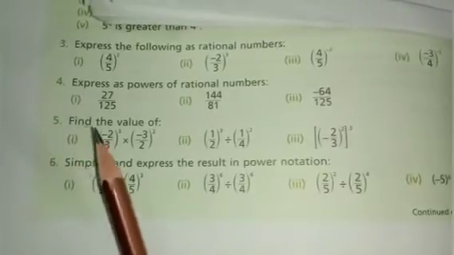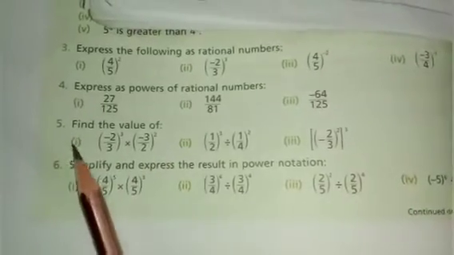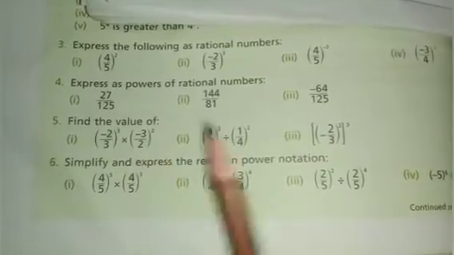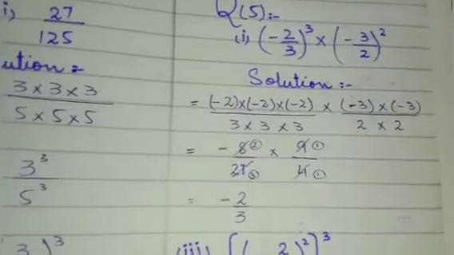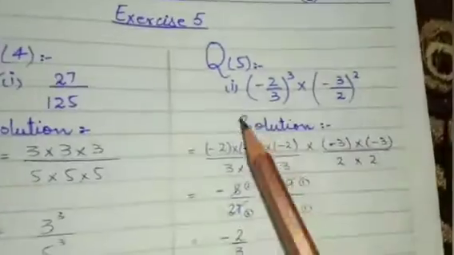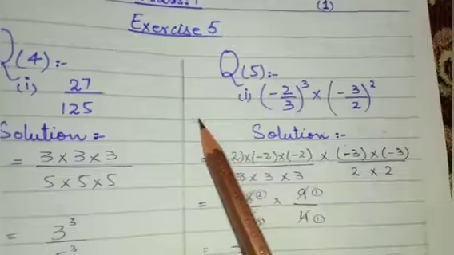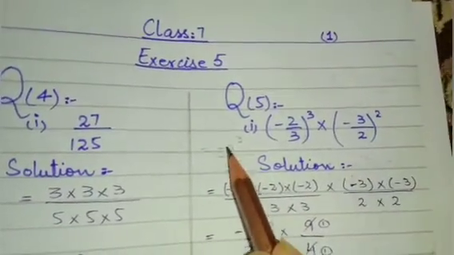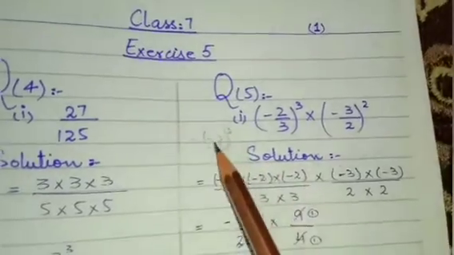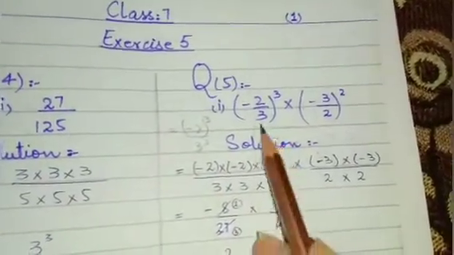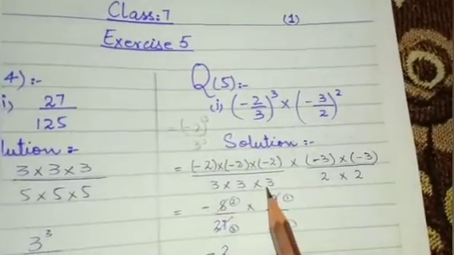Question number 5 is find the value of the different parts. The first part is minus 2 over 3 whole power cube multiplied by minus 3 over 2 whole power square. So minus 2 over 3 whole power cube can be written as minus 2 power 3 over 3 power 3. So minus 2 power 3 means minus 2 multiplied by minus 2 multiplied by minus 2, and 3 power 3 means 3 multiplied by 3 multiplied by 3.